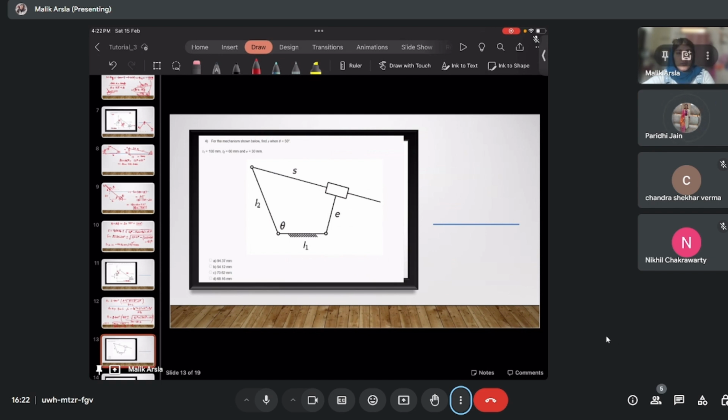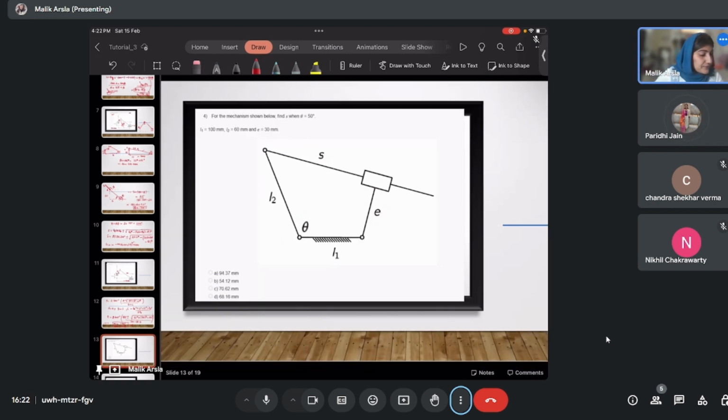So let's do this one. The question is, for the mechanism shown below, find S when theta is 50 degrees. L1 is given as 100, L2 is given as 60 mm, and E is given as 30 mm.